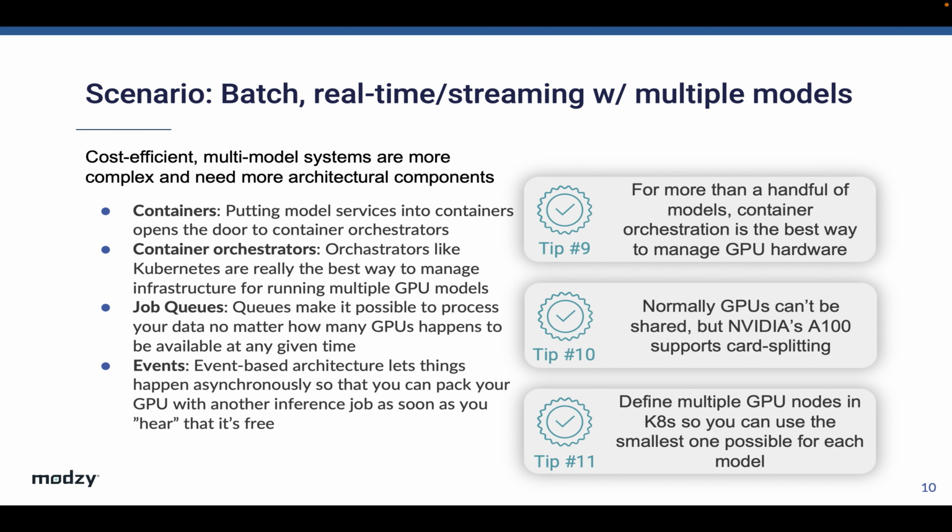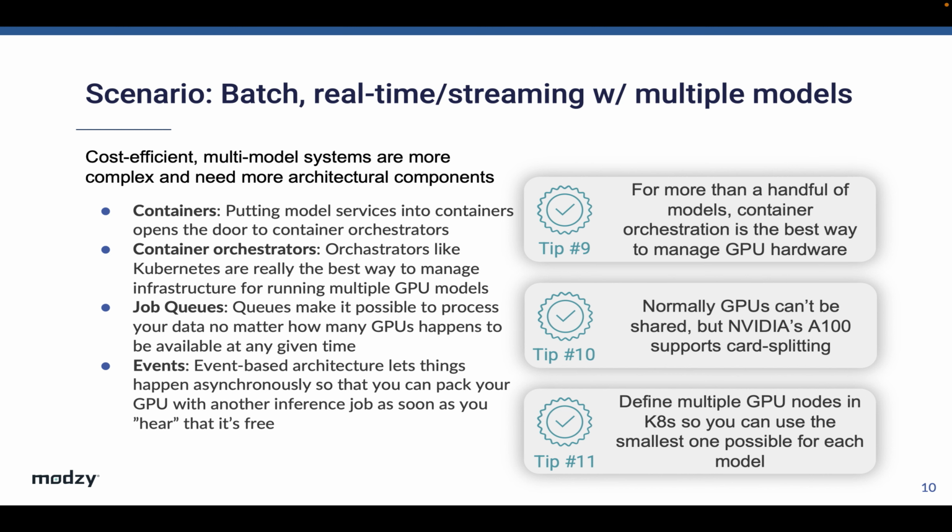Another concept that you might think about introducing is the concept of job queues, which we talked a little bit about before. But the benefit of using a queue in your solution is that it allows you to process data no matter how many GPUs are available at any given time. The queue makes sure that any requests for inference are going to be carried out, and they'll be carried out as soon as available GPUs are freed up.